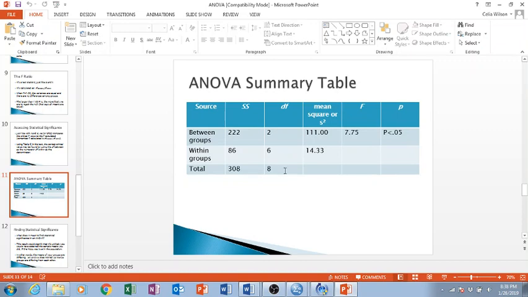And then you have your total. You have your mean square, and then your F value is calculated by dividing, if we did 14 into 111, we'd get this 7.75. And then we have our significance, or our p-value. Okay, so just a little idea of how the different parts of the ANOVA summary table work.